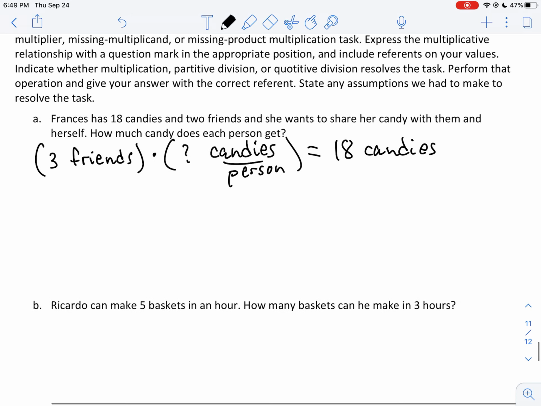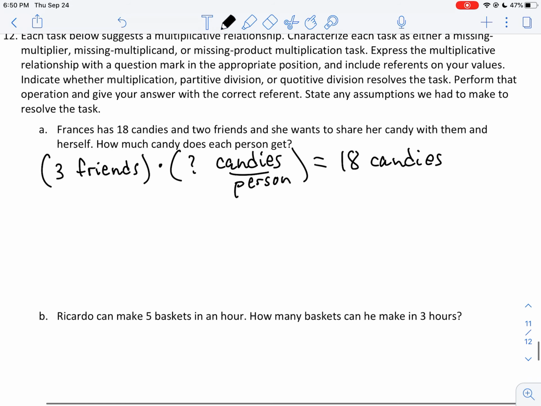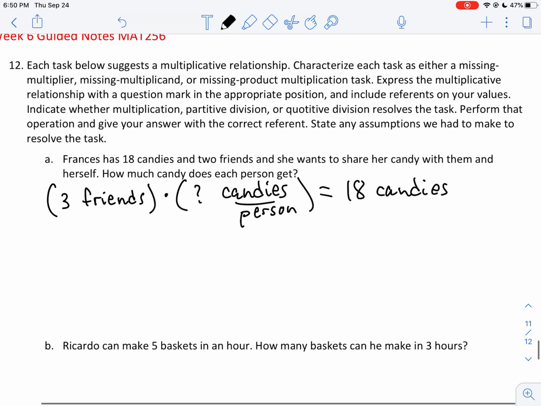You see this multiplicative structure with a missing multiplicand. We know we have 3 people. We don't know how many candies each person is going to get. As soon as you see "each person get," then we know it's candies per person that we don't know, and that's the role of the multiplicand when you have that rate, something per something, and we know the total amount is 18 candies.